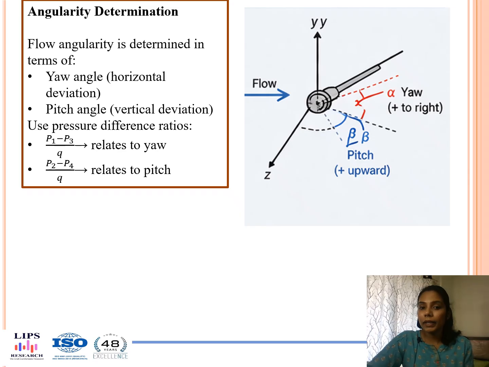This is essentially rotation about the vertical axis. Now coming to the pitch angle, which is shown in blue, it represents the upward or downward deviation of the flow. A positive pitch angle means the flow is acting upwards. So this corresponds to rotation about the lateral axis. Okay, so this is about this particular figure.